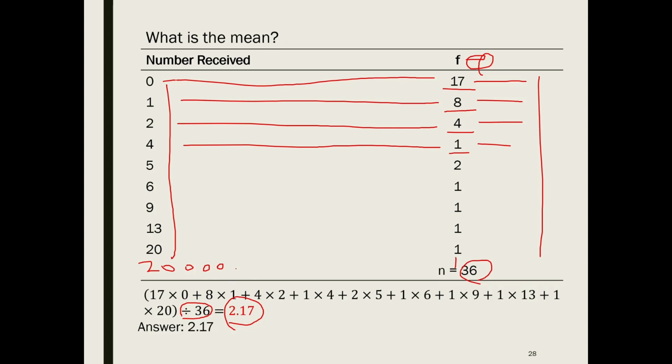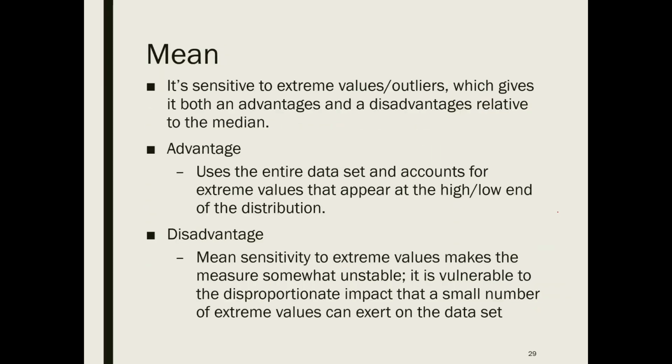Now this will drag the whole mean 2.17 to a very big one, simply because in this formula we have to add another very large number like 20,000. So it's kind of sensitive to the extreme values, outliers. But the good thing, as we mentioned before, is that it uses the entire data set. The bad side is that it's sensitive to the extreme value.